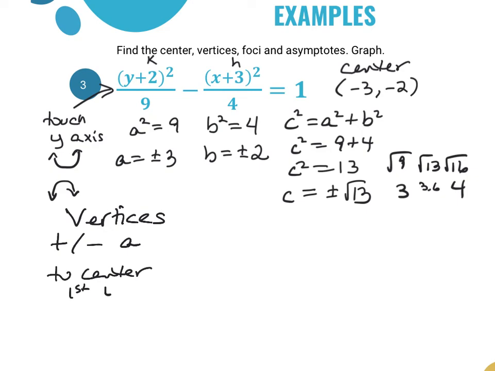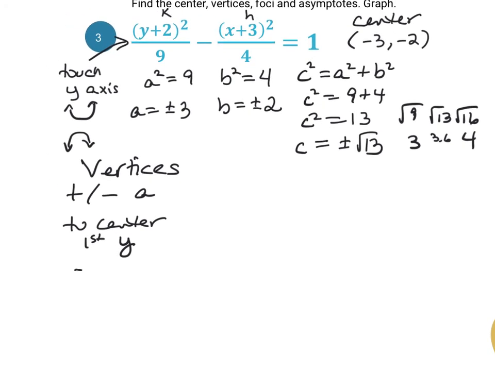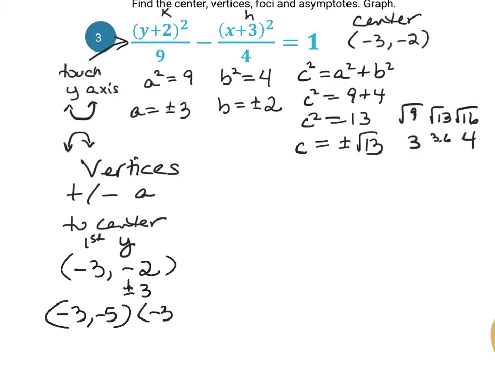So the first one I saw was y. So again, I'm going to take my center, which is -3, -2, and I'm going to add and subtract 3, which is my a value. So I have a vertice at -3, -5, and -3, +1.